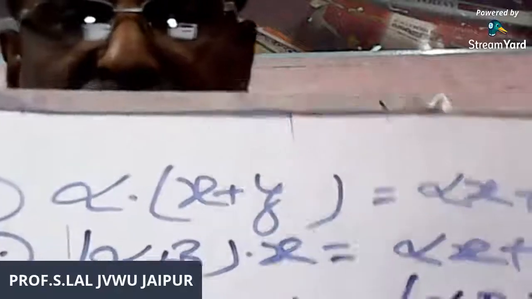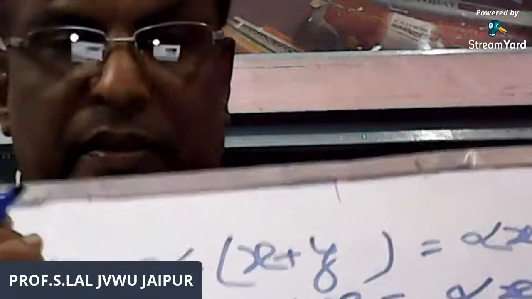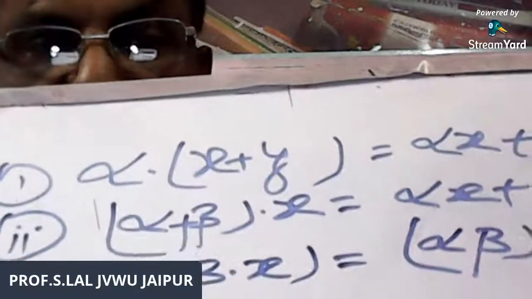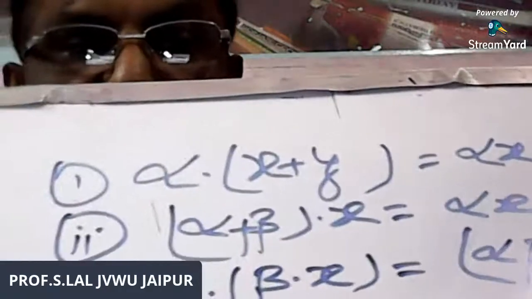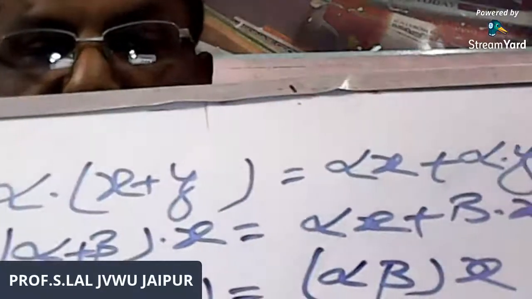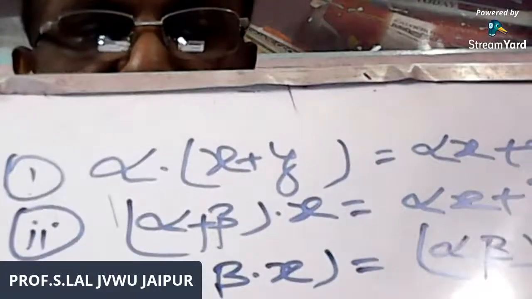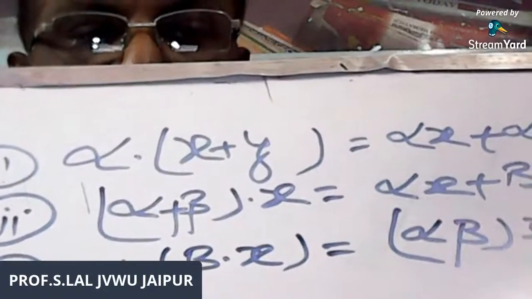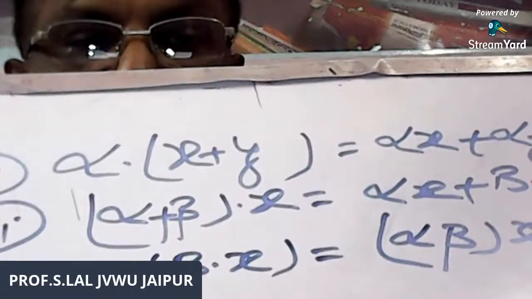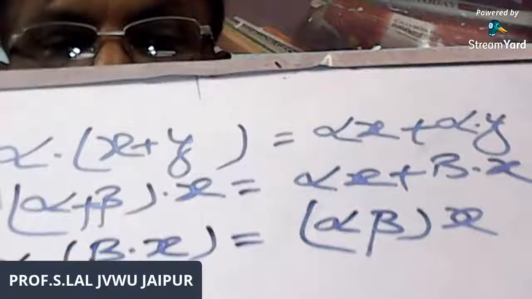The first postulate is alpha into x plus y is equal to alpha x plus alpha y. The second postulate is alpha plus beta into x is equal to alpha x plus beta x.